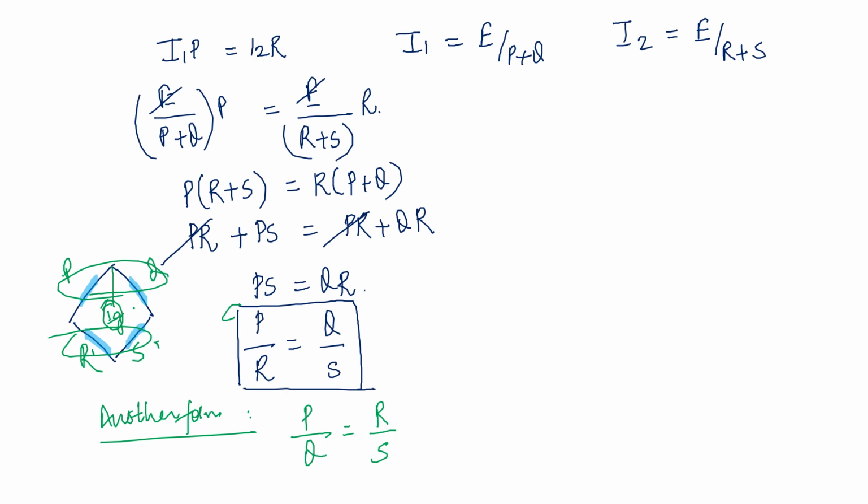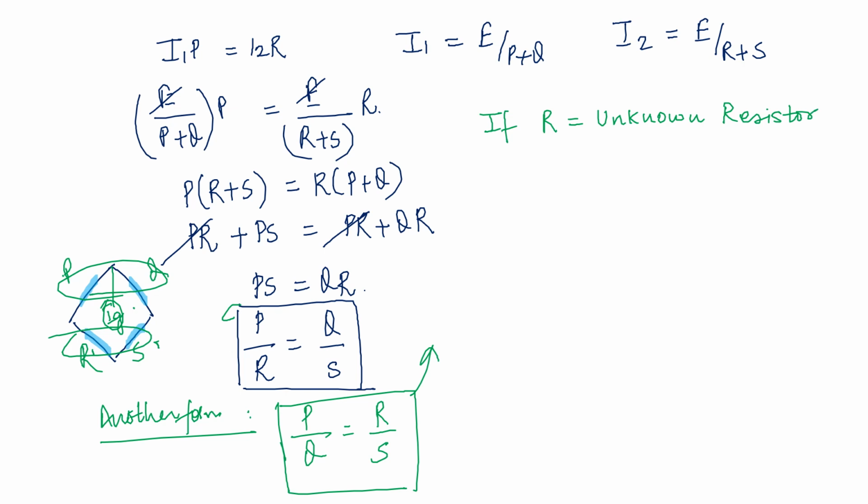Okay, this is more convenient, so derive it in this format. Over here if I say R equals the unknown resistor, then R equals S into P upon Q. From this equation we can find this R, the unknown resistance.